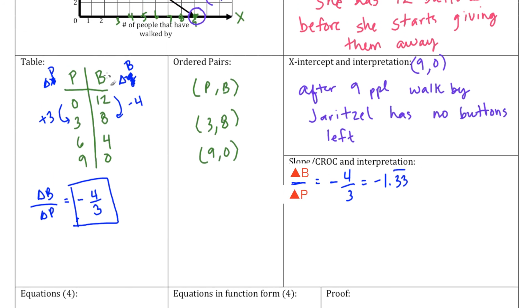So the number of buttons that she has in her bag decreases by 4 when the number of people increases by 3.